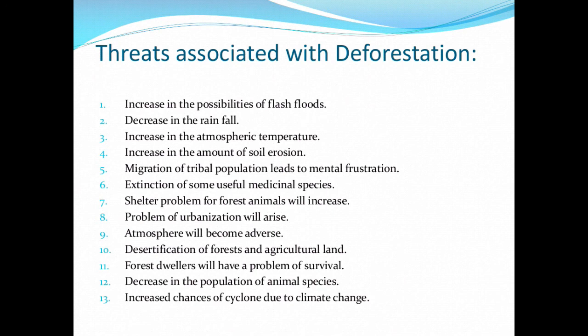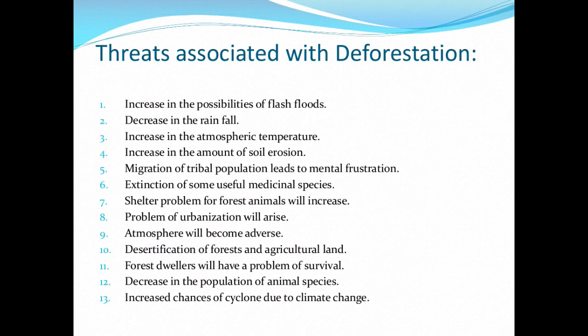Shelter problems for forest animals will increase. Sorry. Whatever animals exist in the forest, if we go for deforestation, what happens? They don't have shelter, so they run into the rural areas.